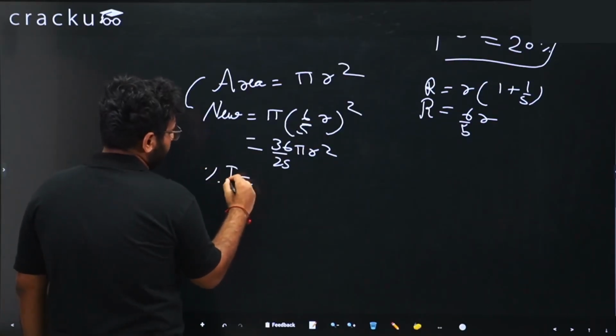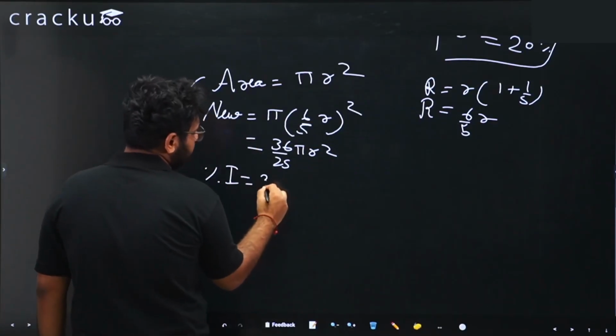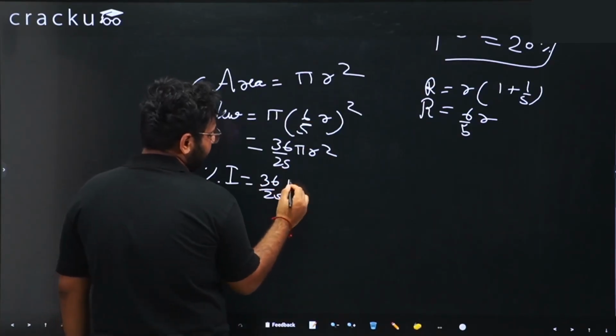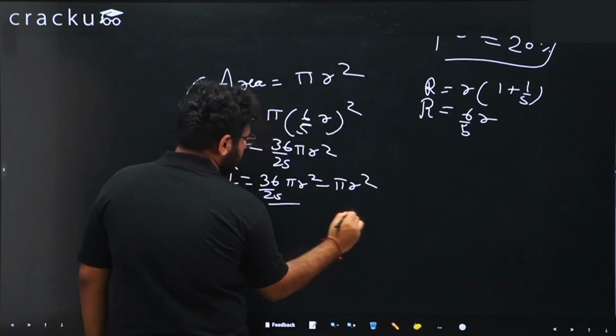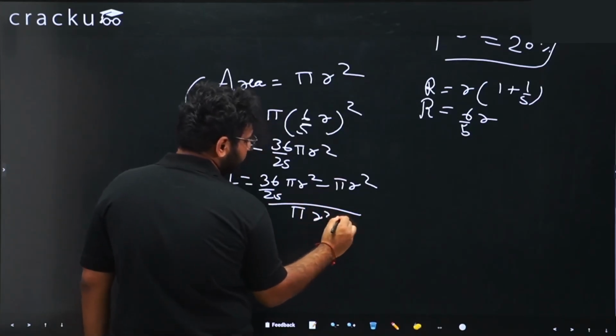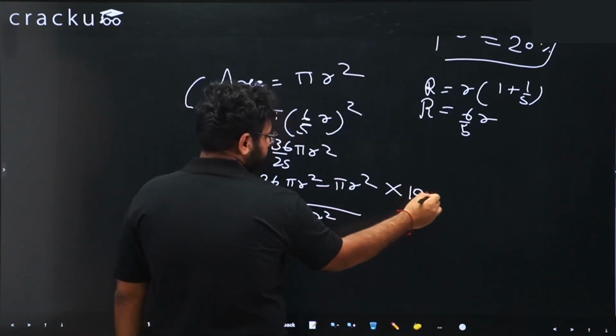will be equal to the new area, which is 36 by 25 pi r square, minus the old area, which is pi r square, divided by pi r square, into 100. So pi r square cancels out.